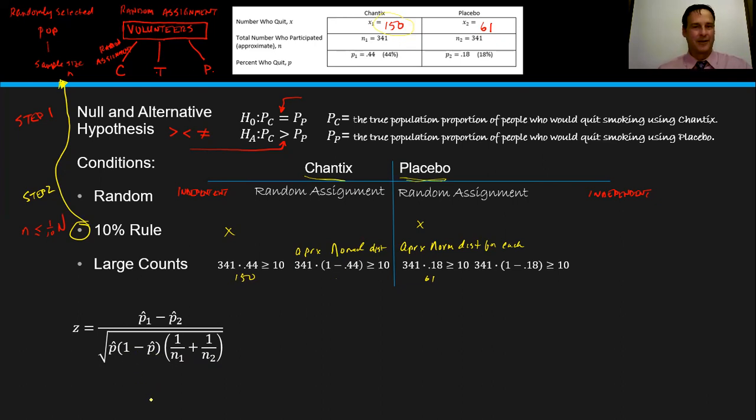And you're like, is that a typo? And the answer is no, it's not. Your p hat is actually x sub 1 plus x sub 2 all over n1 plus n2, or it's actually just one giant fraction. And these values are actually above.